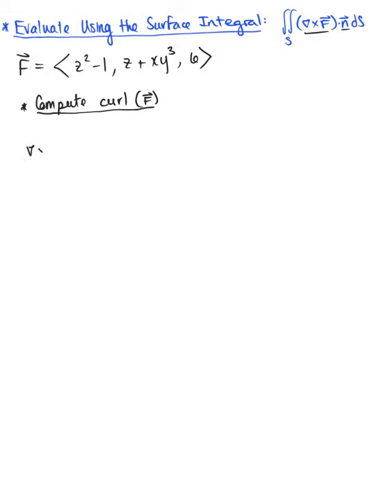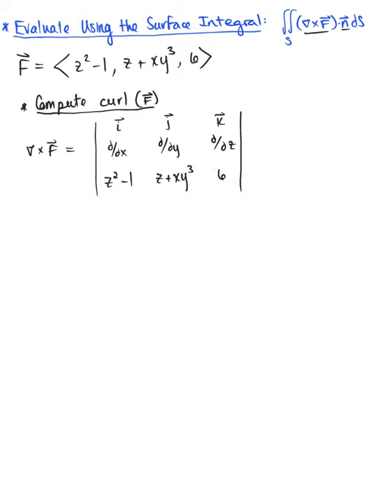So we know that that is the del operator crossed with the vector field. So we'll use our 3 by 3 determinant here. We have i hat, j hat, k hat. The second row is the components of our del operator, d/dx, d/dy, and d/dz. And the third row is the components of the vector field. So we have z squared minus 1, z plus xy cubed, 6.